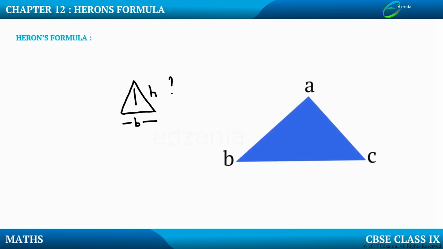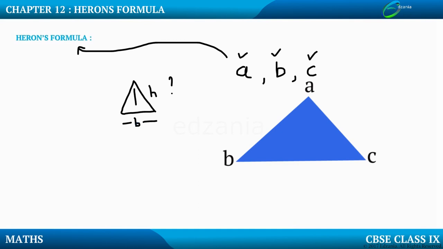Then we use Heron's formula. Let us see how. Heron's formula is used only when we know all the three sides of the triangle. That is only when we know the values of a, b and c. If we know all the three values of a triangle, that is a, b and c, then we can find out the area by using Heron's formula.